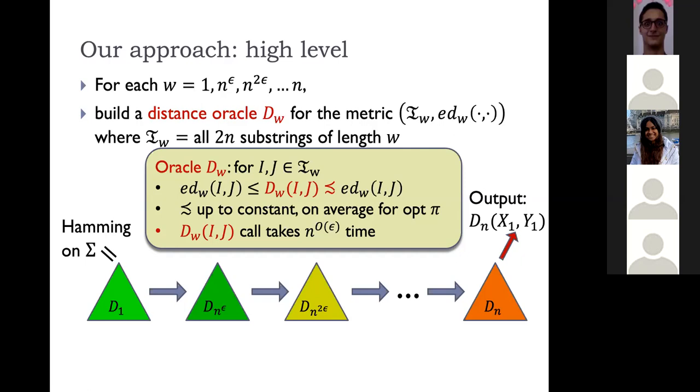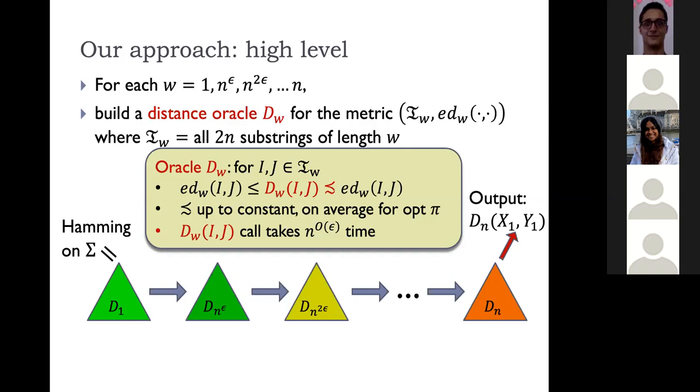Formally, this upper bound will be up to a constant, but it will hold only on average and only for an optimal alignment pi. So when i is a substring of x and j is the corresponding substring of y under this optimal alignment, which minimizes the edit distance, this red upper bound, this squiggly inequality, will hold only on average.